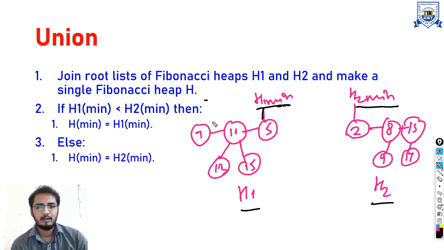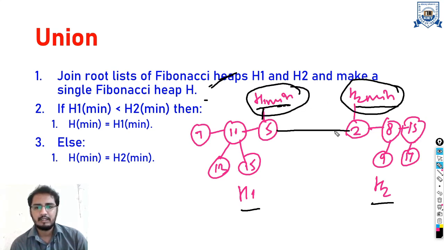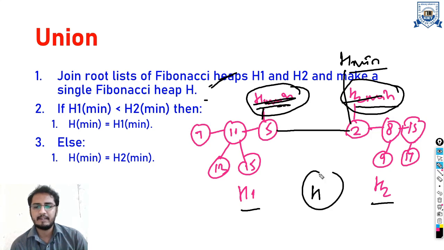To concatenate these heaps, you just join the root lists of the Fibonacci heaps, and then you compare the values to see which one is minimum. Here in this case h2 is minimum, so your final h min will become this. So this will become the new h min of the heap h.